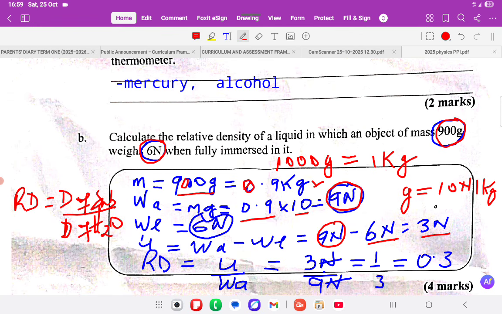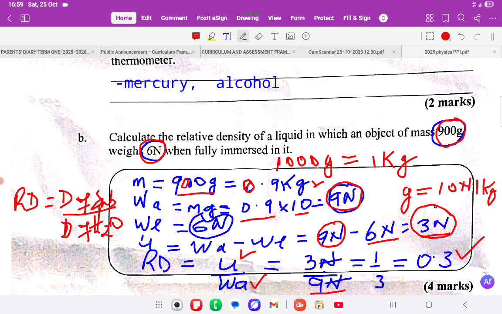But that definition here is not going to work. So we are going to use another definition of relative density, which is upthrust divided by weight of the body in the air. We've just found that upthrust is 3 newtons and weight in air of the body is 9. So dividing 3 by 9 gives us a relative density of 0.3.